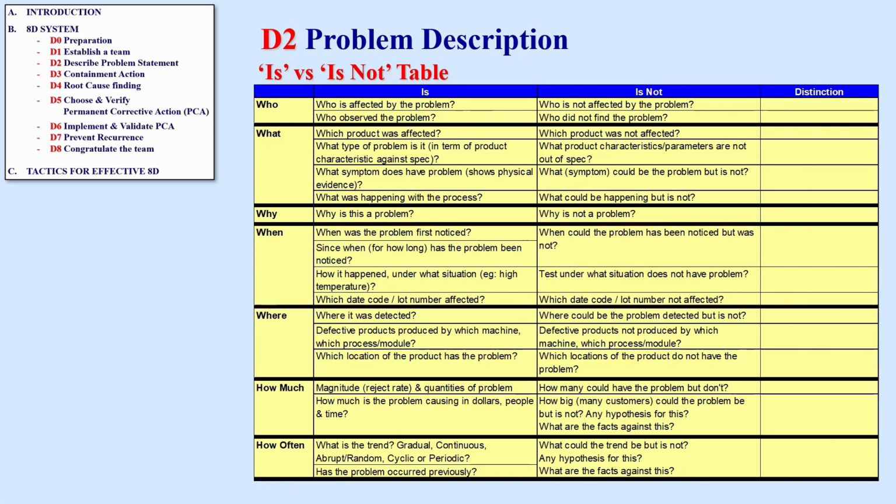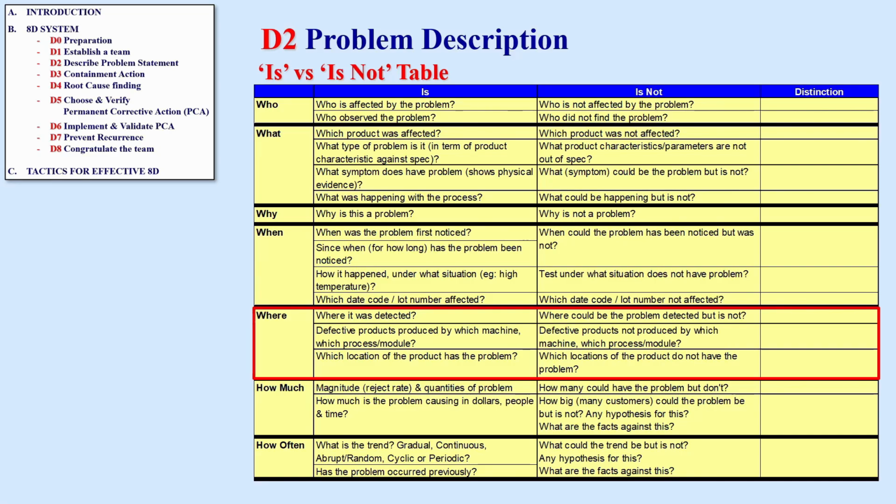Next is where it was detected. Versus where could the problem be detected but is not? For these questions, we focus on test or inspection gates. While for the next questions, we focus on machines which produce the affected products, that is, defective products produced by which machine, which process, or which module.